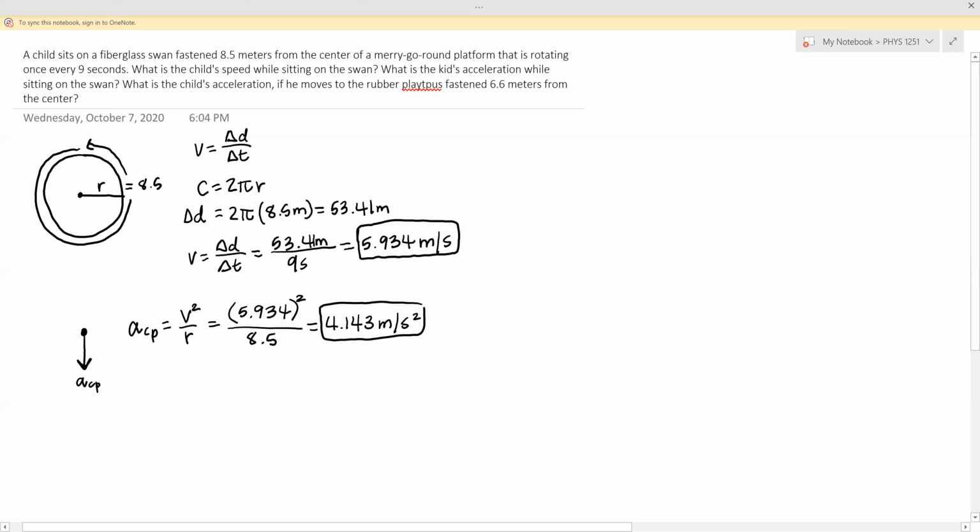And so for the third question, we would find the acceleration if he moves to 6.6 meters from the center. So we draw a new picture, and R is now going to be equal to 6.6 meters. And we are basically just going to repeat the process we did for the first two questions.